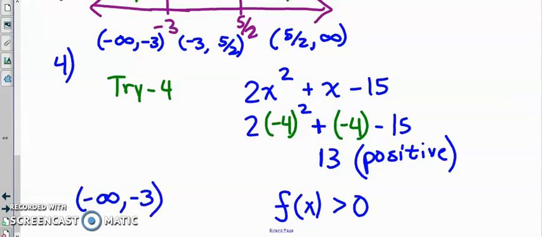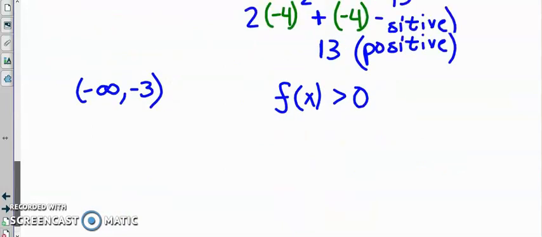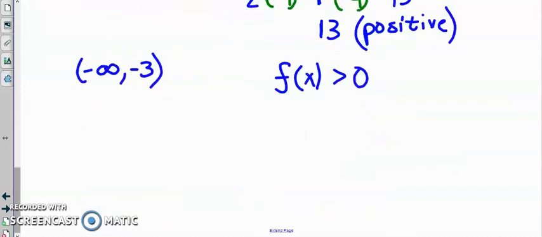All right, so let's try 0 for the next one. Let's try 0 in the function.